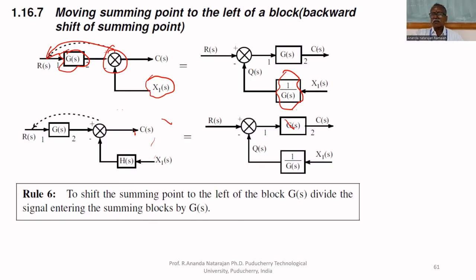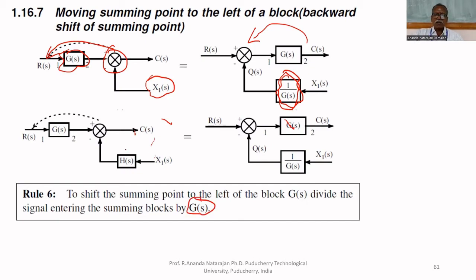But if you shift the summing block before this block, this will be amplified by G of S. To nullify the effect, we multiply by 1 upon G of S. Therefore, the rule is to shift the summing point to the left of the block, divide the signal entering the summing block by G of S.